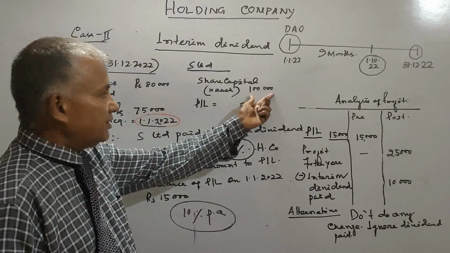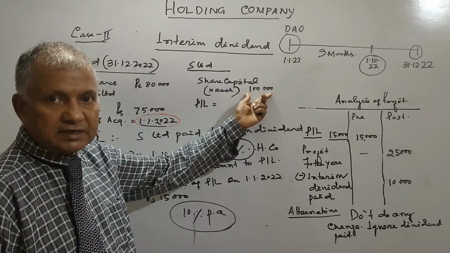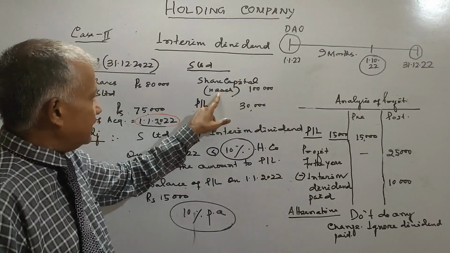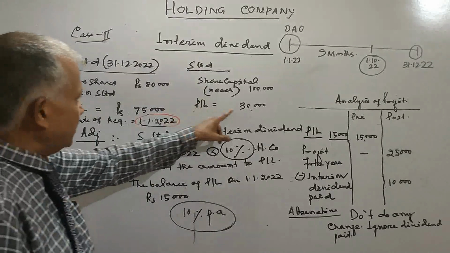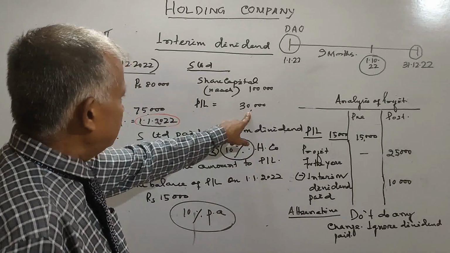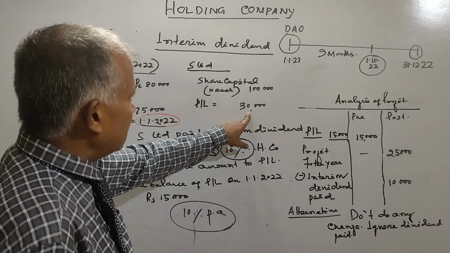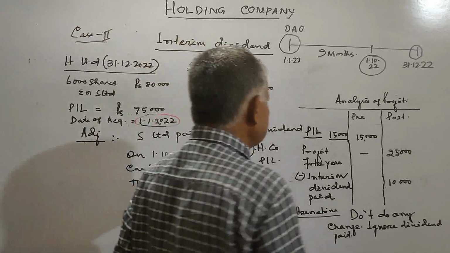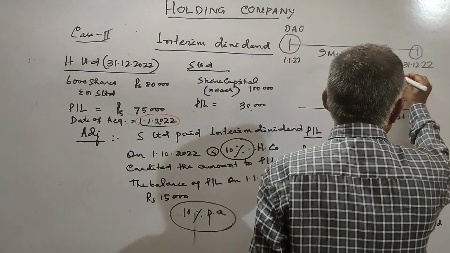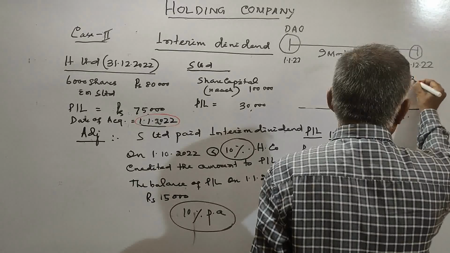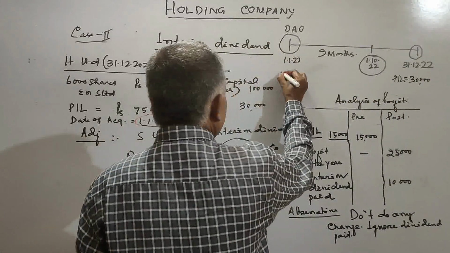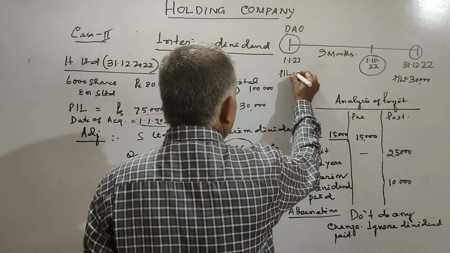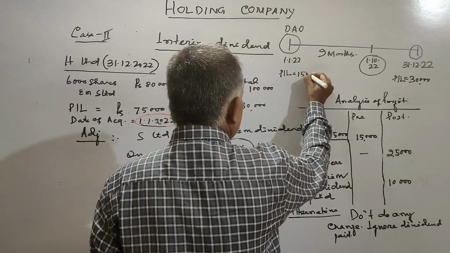In subsidiary company there are 10,000 shares, 1 lakh divided by 10. And in case of subsidiary company, the PL balance is 30,000. That means here the PL is 30,000, and your PL here at the beginning of the year is 15,000.